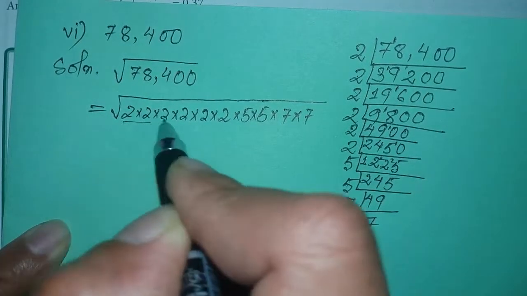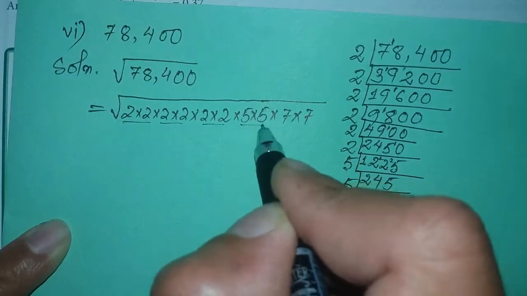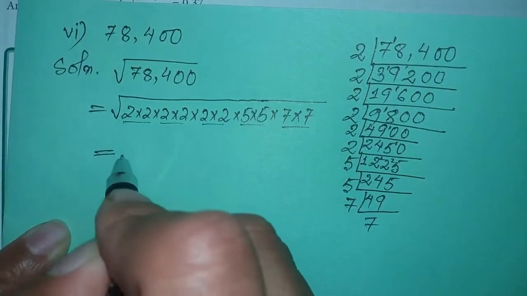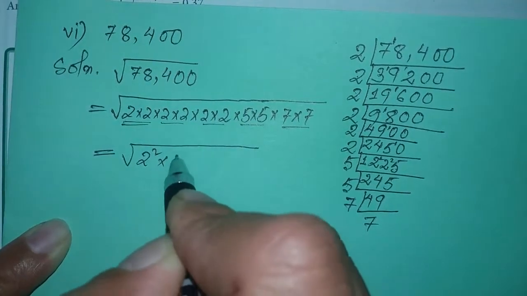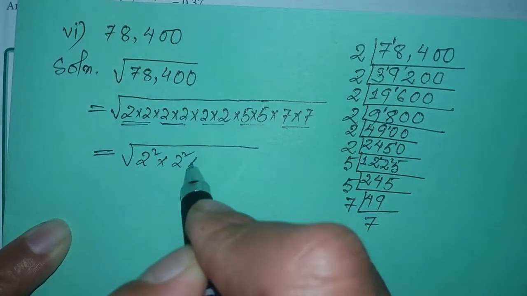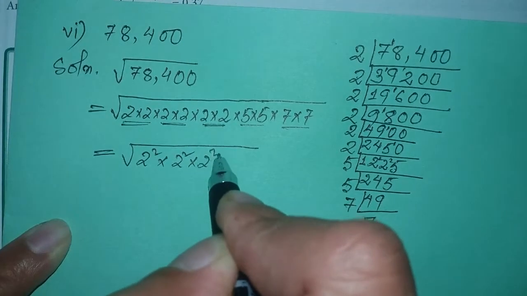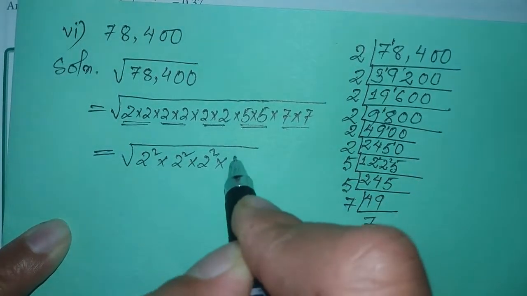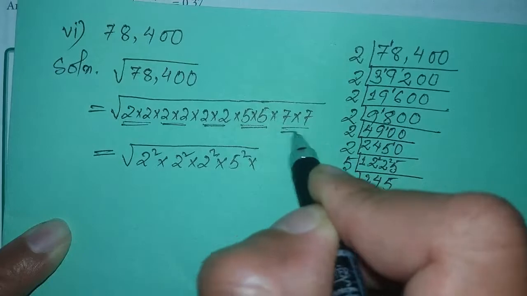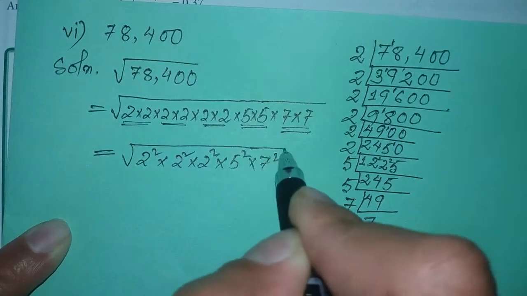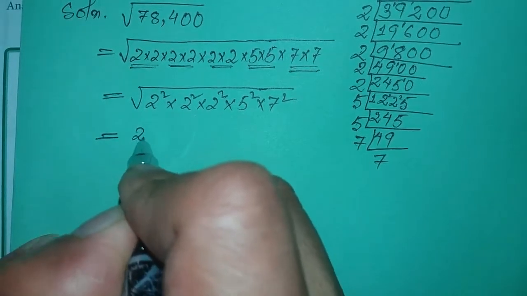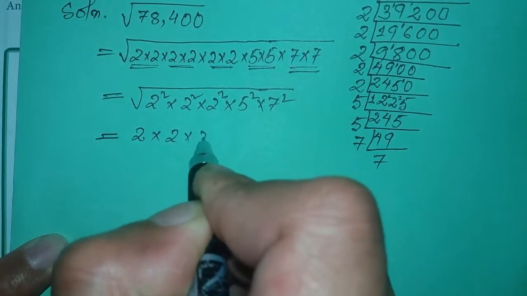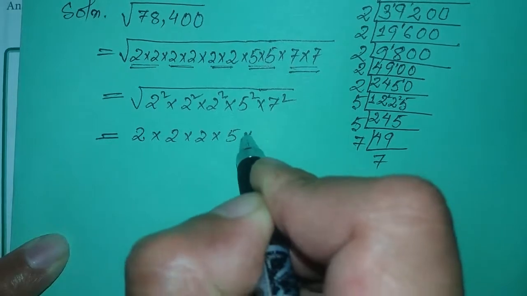We're going to take them in pairs. This is 2 square, into 2 square, into 2 square, into 5 square, into 7 square. So now we take outside 2 into 2 into 2 into 5 into 7.